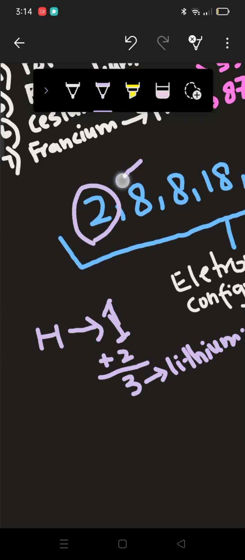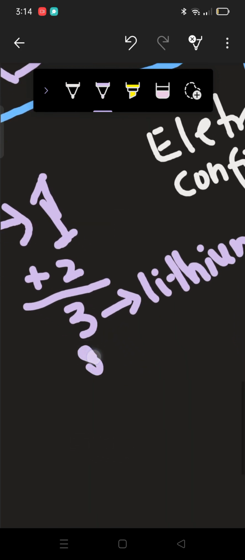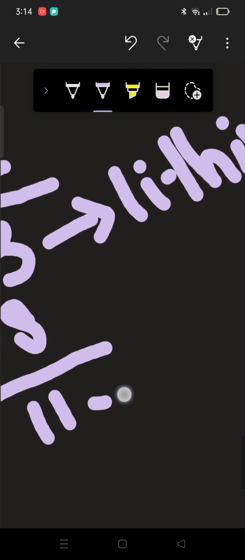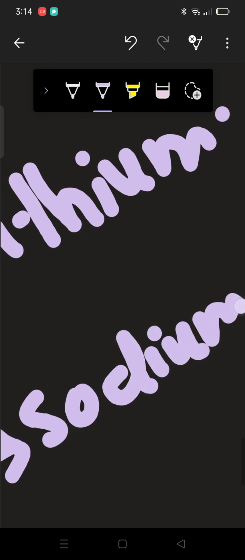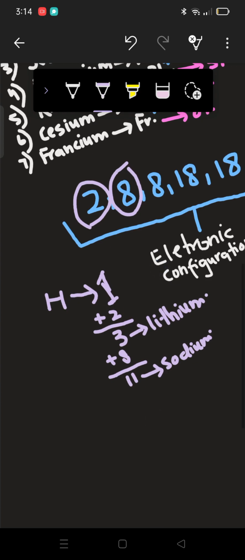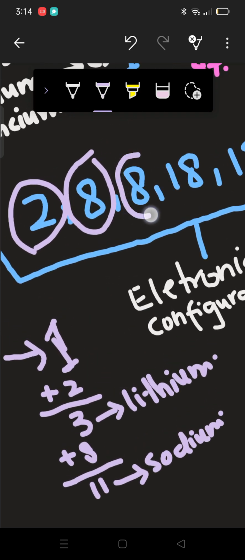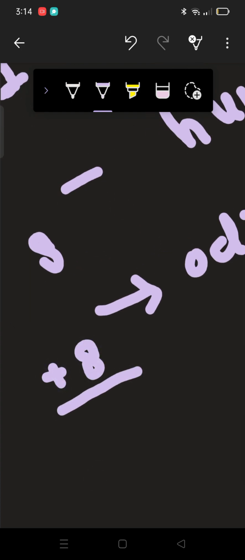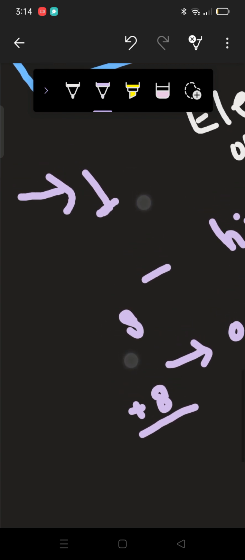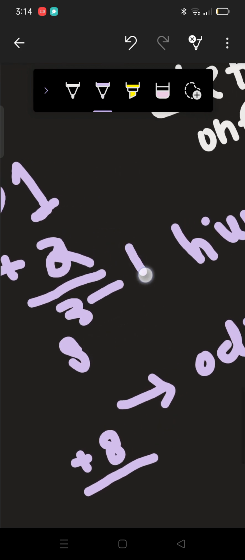Now we have to add 8 with this 3. So it will give us 11. And 11 is the atomic number of sodium. Alright, now we have gotten sodium as well. So again, we added 2 with 1, which gave us 3, the atomic number of lithium.